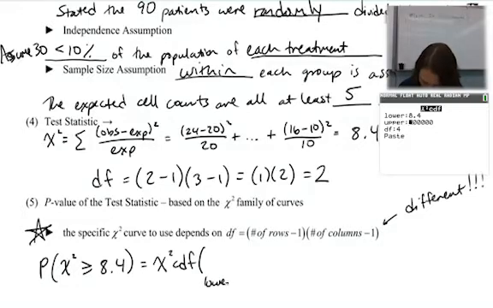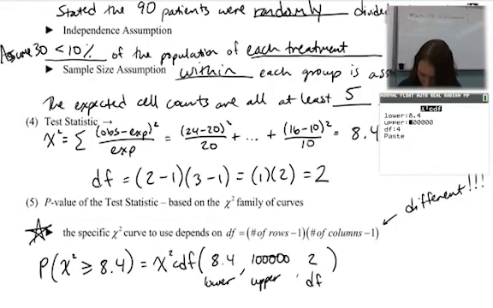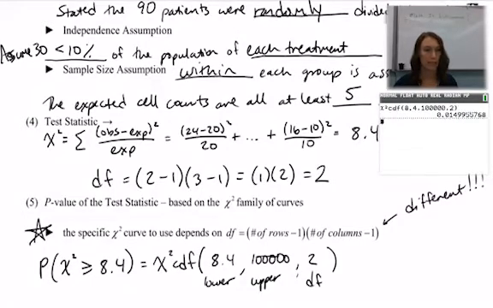My upper value, just make it some big number. And then my degrees of freedom is 2. So I need to go down to 2 degrees of freedom, paste, and that's the same probability that we had before, which is approximately 0.015.